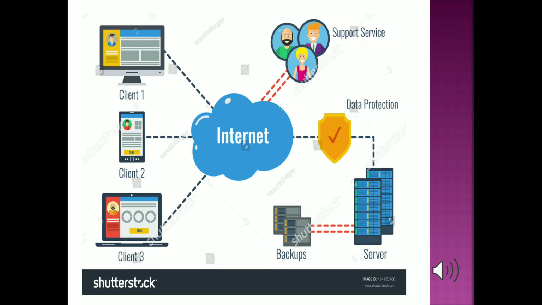It will be processed through the internet, with maximum data protection. That is called the main basic function of the server. So we have to show backups, server and data protection. These categories are very much needed in the client and server concept.